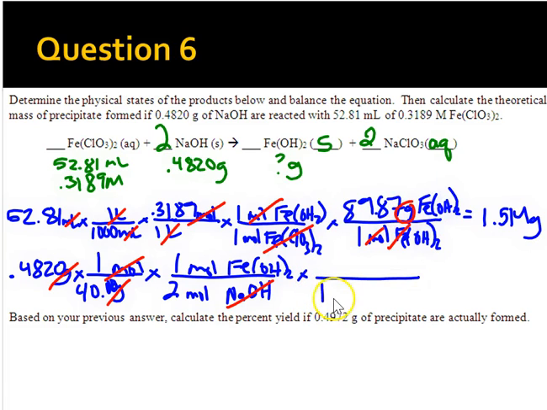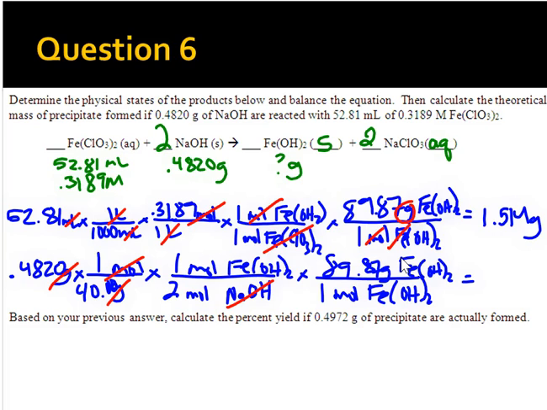So for every 1 mole of the iron hydroxide, it's going to have a mass of 89.87. Okay, so let's do the math there and see what my answer would be. So 0.4820 times 89.87 divided by 40 and divided by 2.